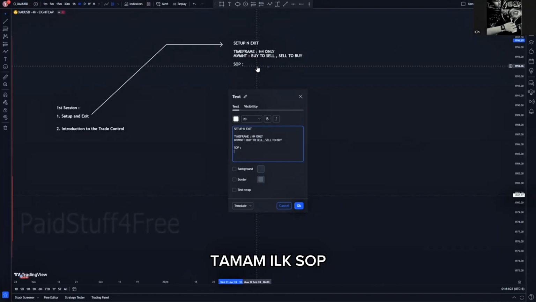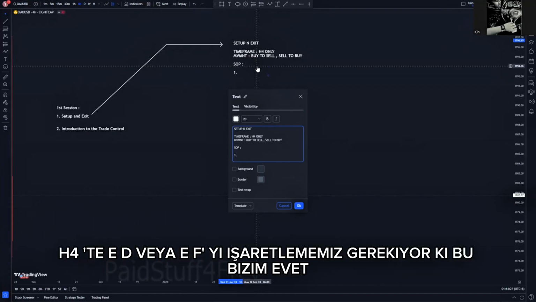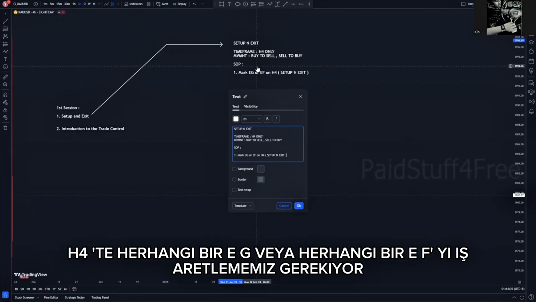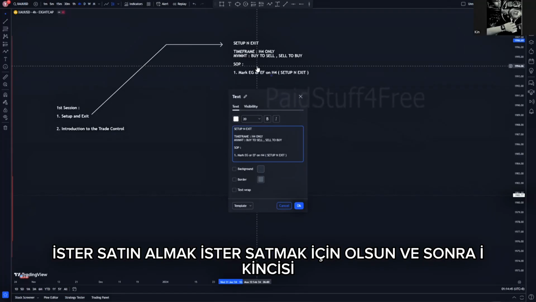All right. So the first SOP, number one, is that we need to mark any EG or EF on H4 as our setup and exit, whether it's for buy or for sell.